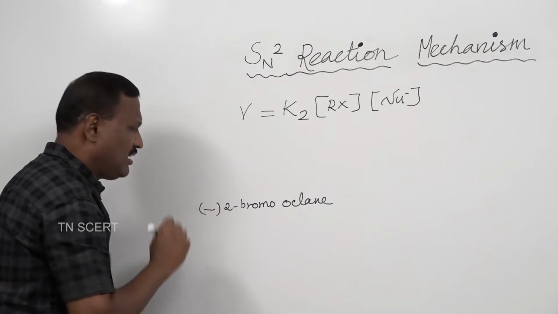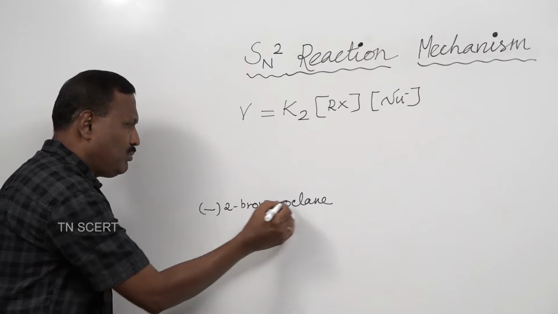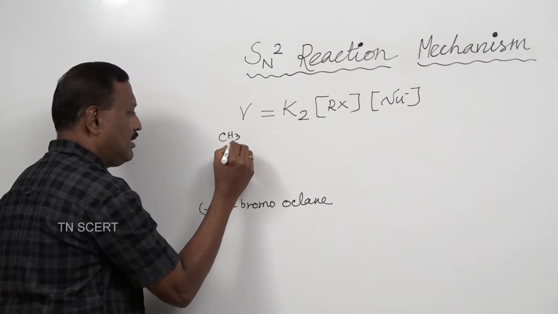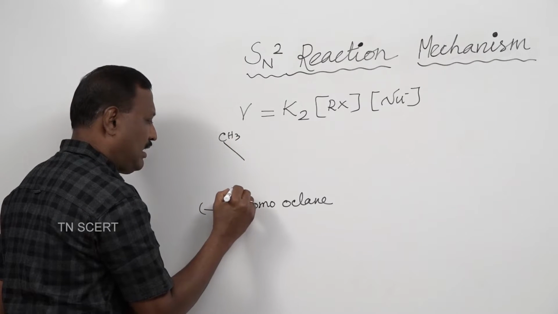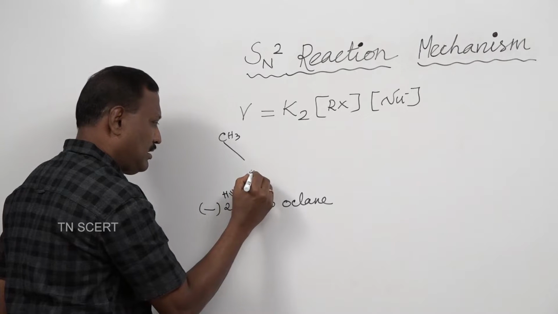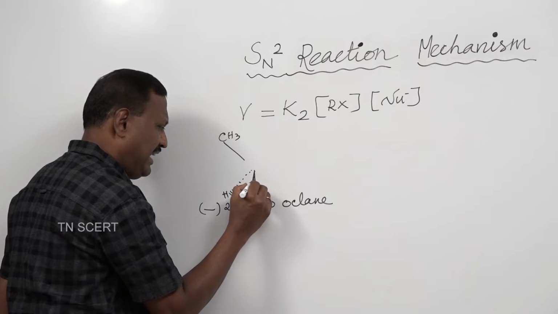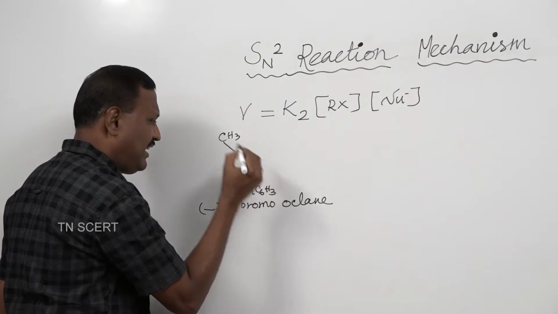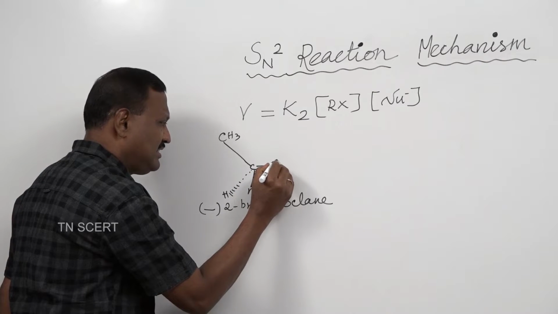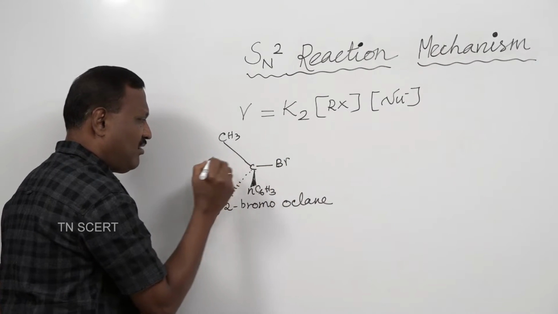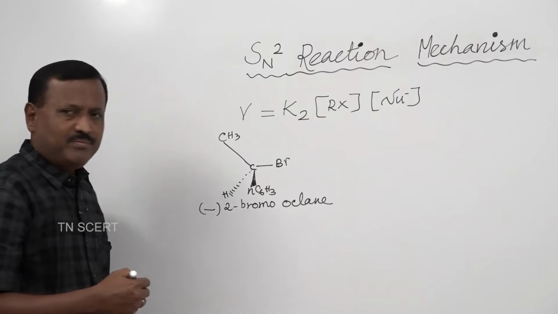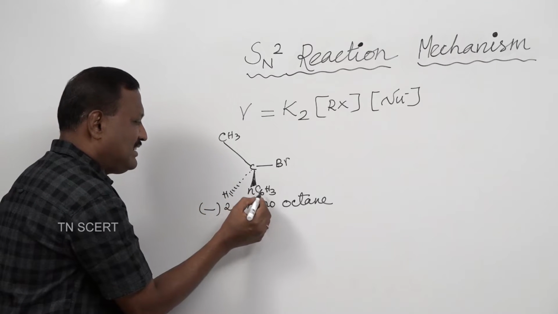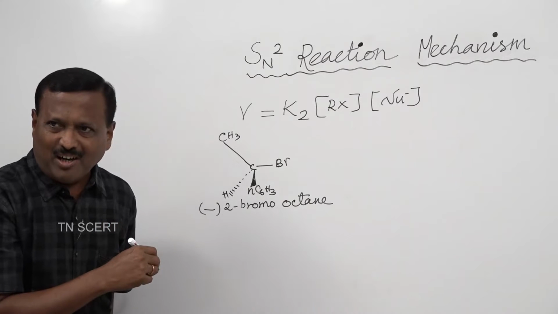Let us write this minus in a bracket, minus 2-bromo octane, whose structure is CH3, hydrogen, and here N-hexane, C6H13, here the central carbon, and this is bromine attached to the second carbon. So, that is the reason why it is 2-bromo. This is called octane. Why is this octane? Because 6 plus 1, 7 plus 1, 8 carbons, octane.